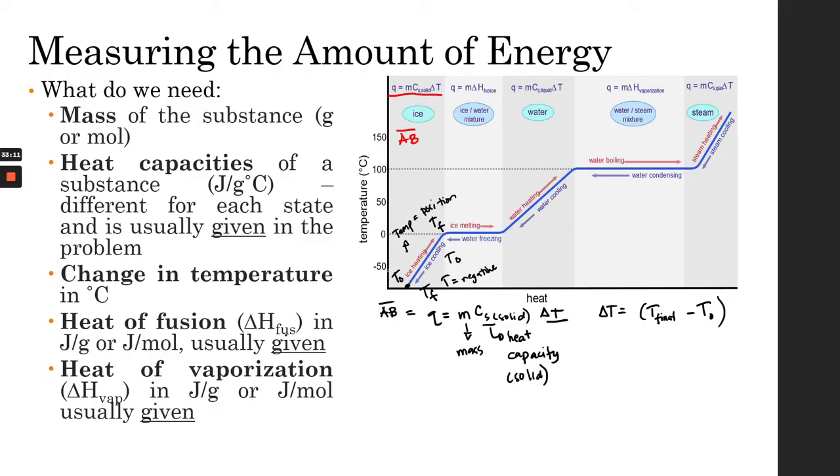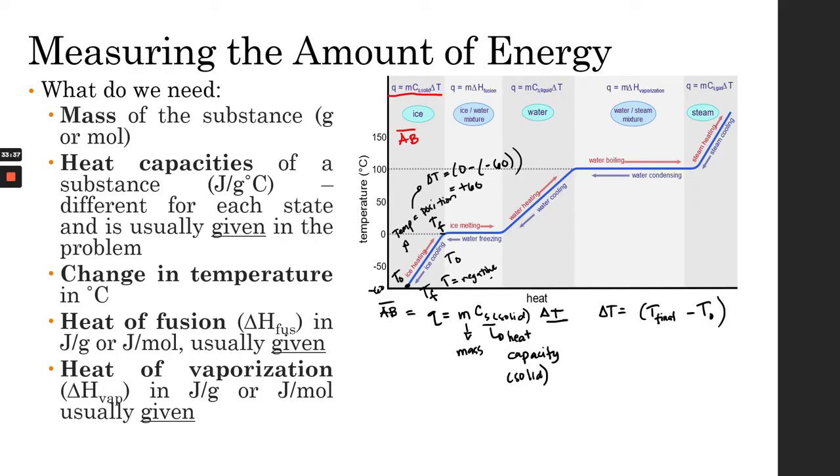So from here, let's say this is negative 60 and this is 0 degrees, right? So delta T equals your final, 0, minus negative 60. So your temperature change is actually positive 60.